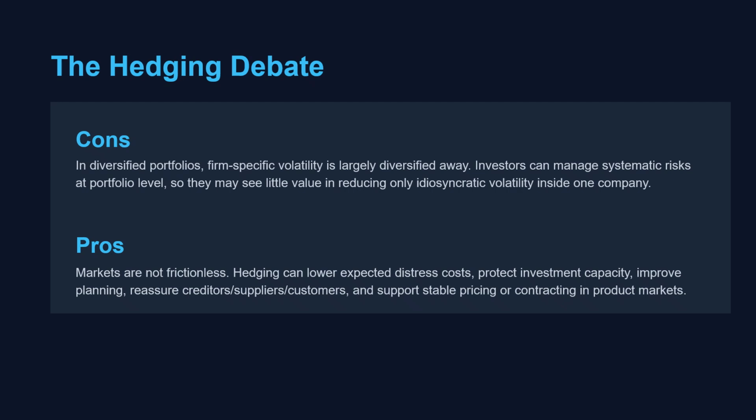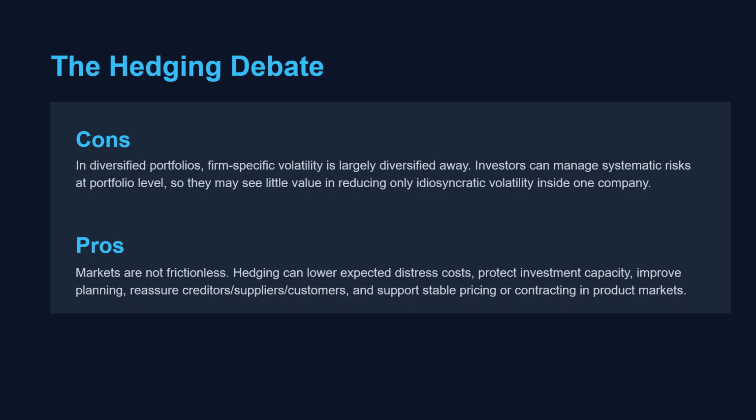Real markets are not frictionless. Companies face taxes, transaction costs, internal financing costs, distress costs, supplier concerns, and customer concerns. Because of these frictions, reducing volatility at the firm level can increase value. So the practical answer is not always hedge or never hedge.